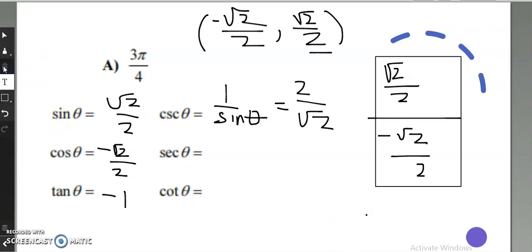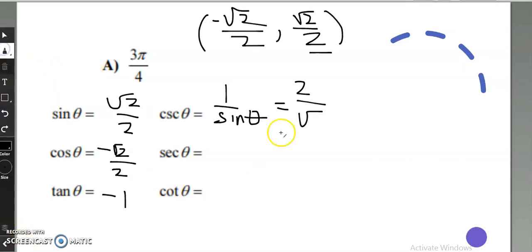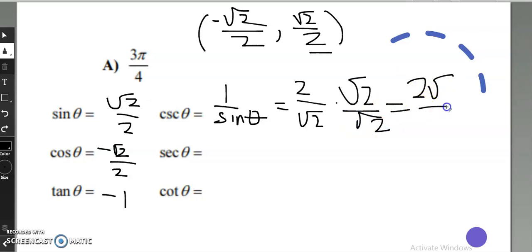Okay. So we can't leave a radical in our denominator. So I'm going to multiply the top and the bottom by root 2 to get rid of it. And I get 2 root 2 over 2. My 2's cancel out, and I'm just left with root 2. So cosecant of 3 pi over 4 is just root 2.